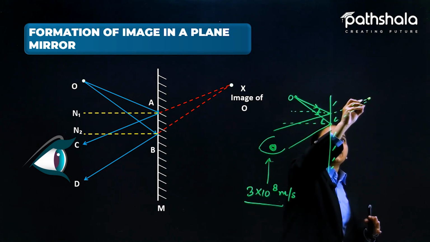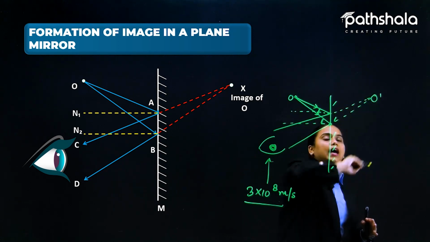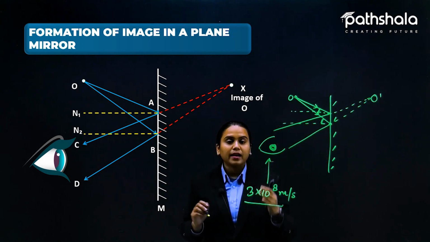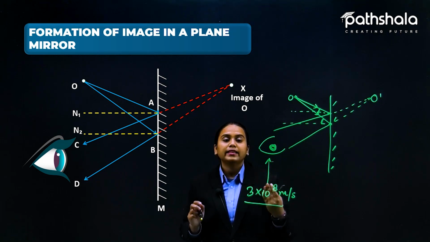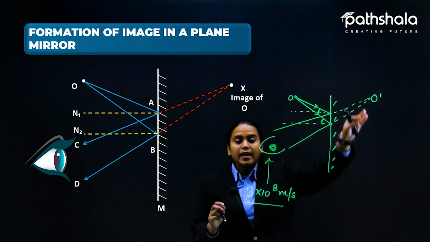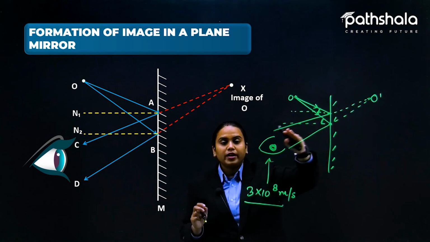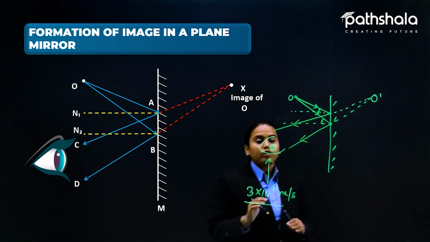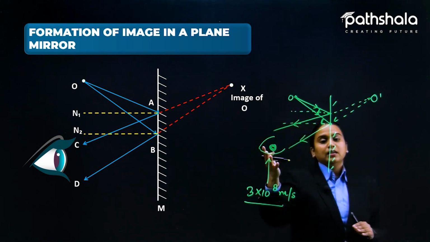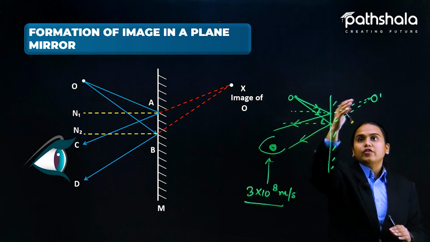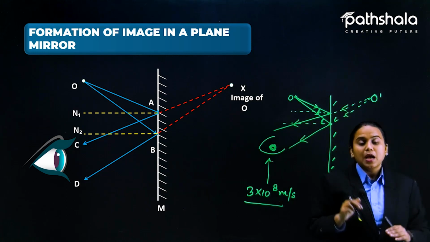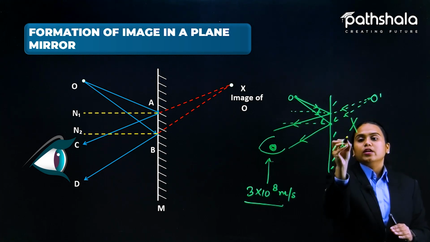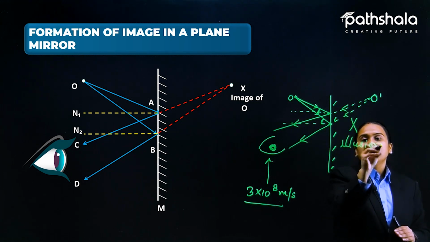We take it as an illusion that the object is not standing here; our eyes think that inside the mirror there is an object and the light is coming straight. So the light rays received by the eyes are taken as straight rays coming from the back side. But this is not actually happening; it is an illusion.